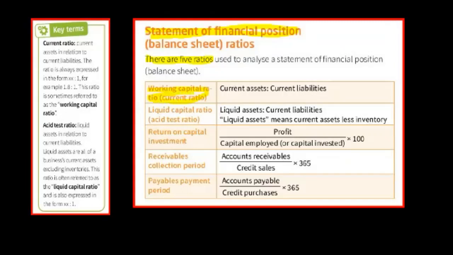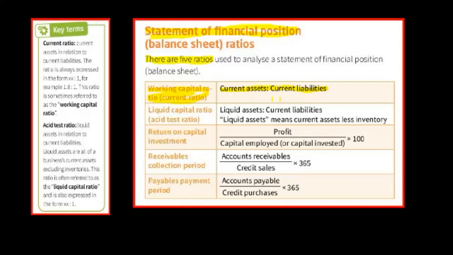This is a genuine ratio in that it's expressed as current assets colon current liabilities. One peculiarity of these ratios is that the current liabilities are always expressed as 1.